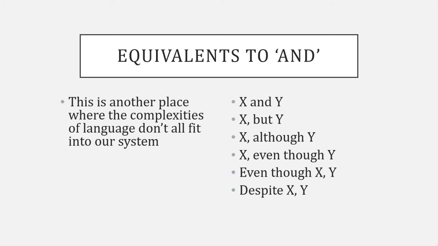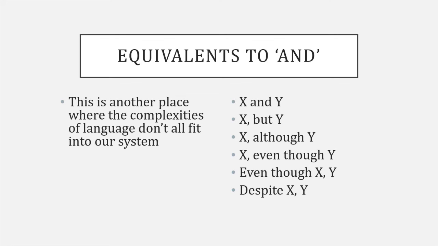Those are very different sentences, but they're different in a way that doesn't matter to the truth values of the sentence. If I say Jane's going to be at the party, but I'm happy, it's true that Jane's going to be at the party, and it's true that I'm happy. Those things both have to be true for that sentence to be true. They differ in their connotations, but recall that we're not dealing with connotations in this class. We're just saying truth values. That's all we care about.